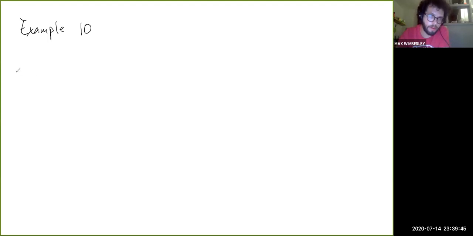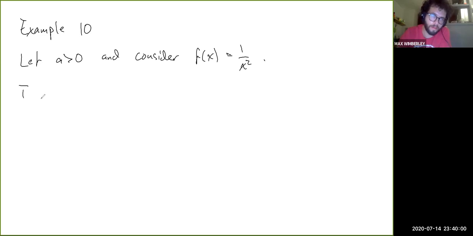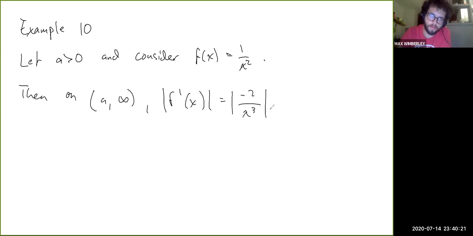On the interval a to infinity, f prime of x is negative 2 over x cubed, which in absolute value is less than or equal to 2 over a cubed.